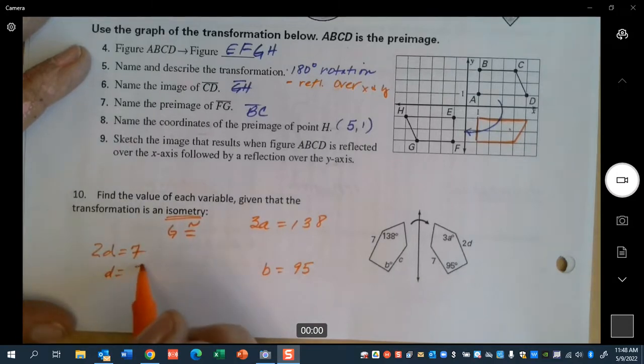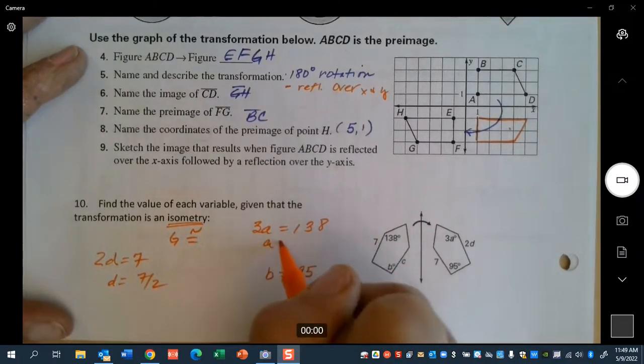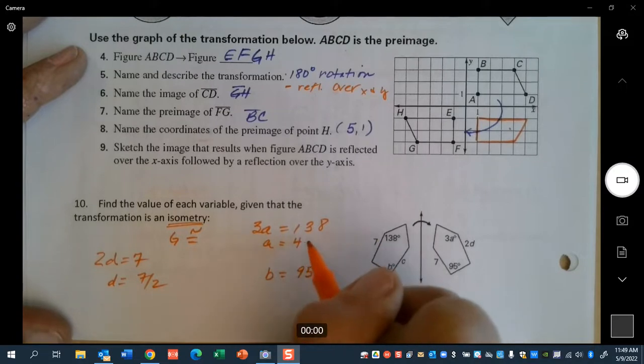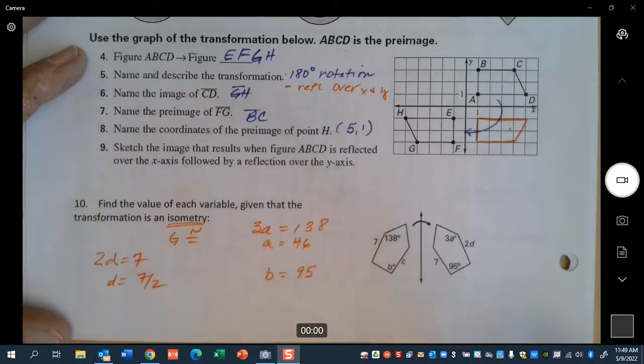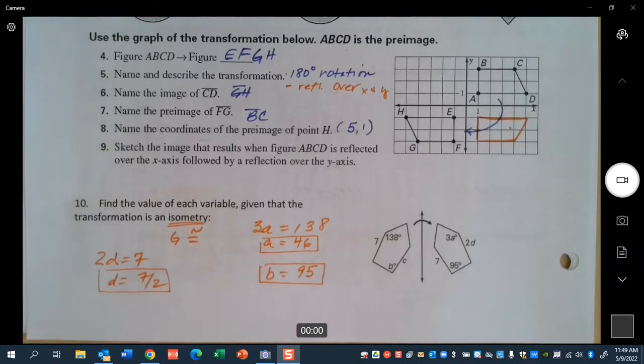So D is equal to 7/2 or 3.5. A is equal to, what's that, 46? Do I have that right? Check my math. Yeah. And then B is equal to 95. That's one of those SOL questions that once you remember what an isometry is, then you have every shot of getting that problem right. Until you know what that means, you're guessing.